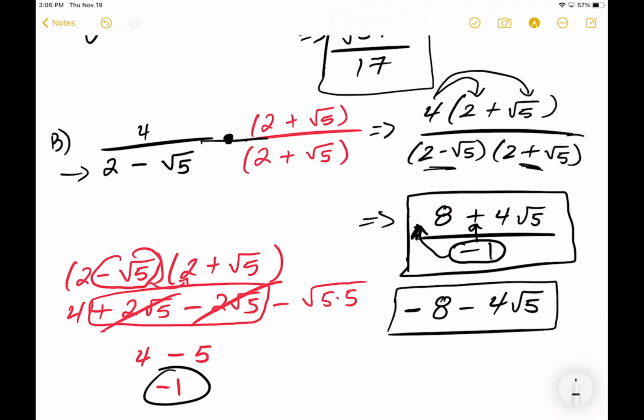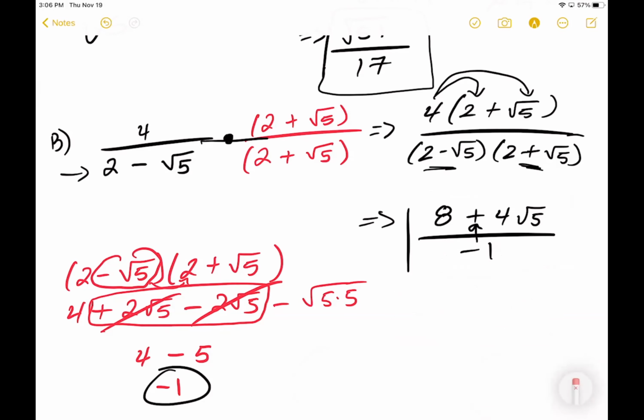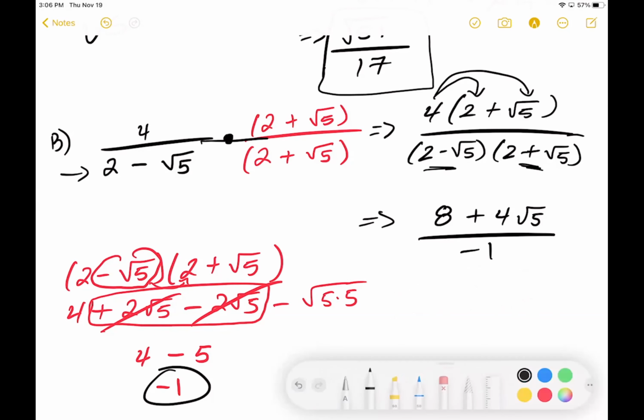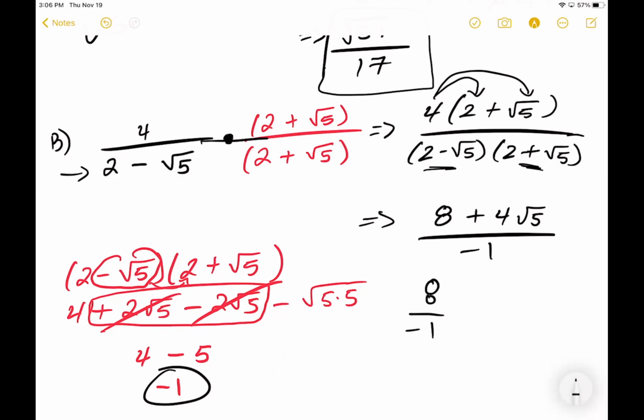Technically, this is what we have, ladies and gentlemen: 8 over -1 plus 4 square root of 5 over -1.